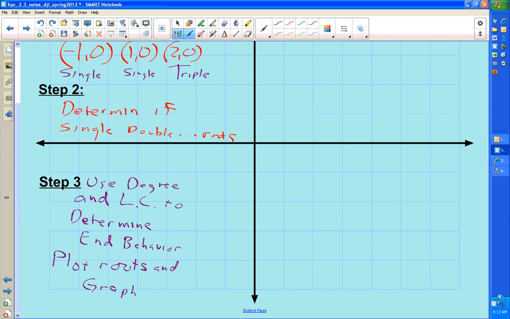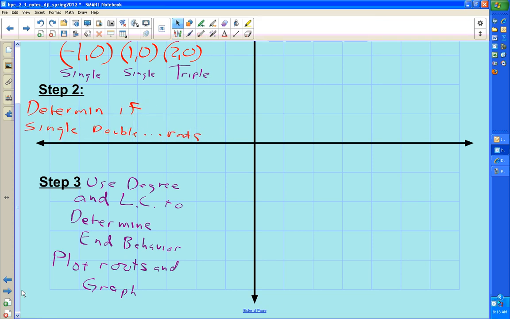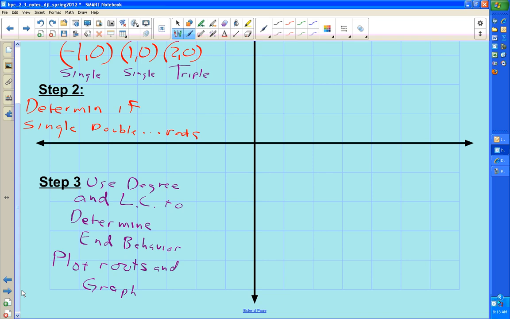So when we're going to graph this, what's that? Leading coefficient. So if we plot these roots, we're going to be at -1, 0, we're going to be at 1, 0, and we're going to be at 2, 0. The leftmost root is right here.